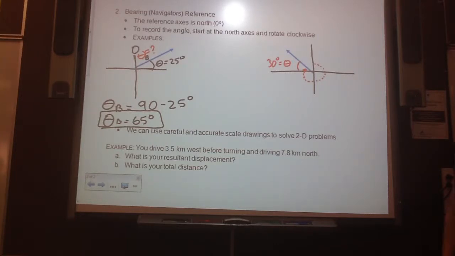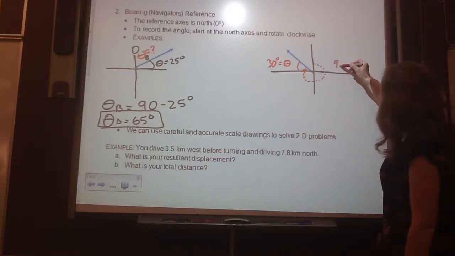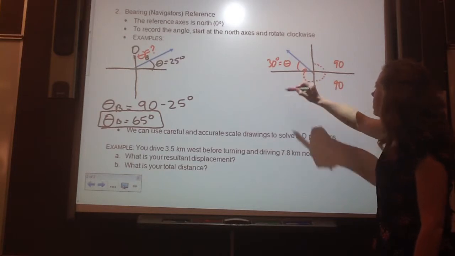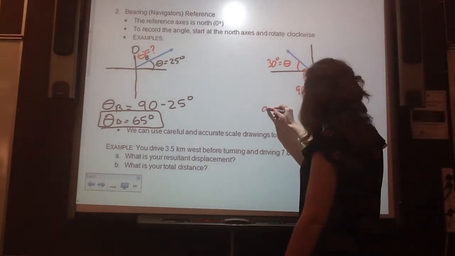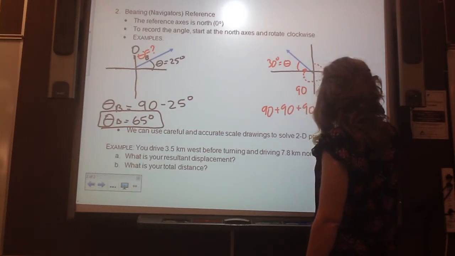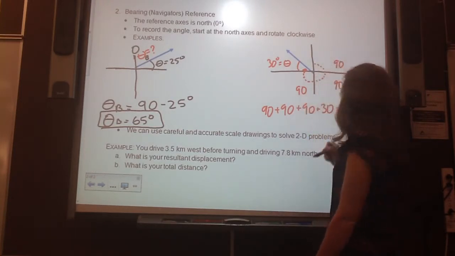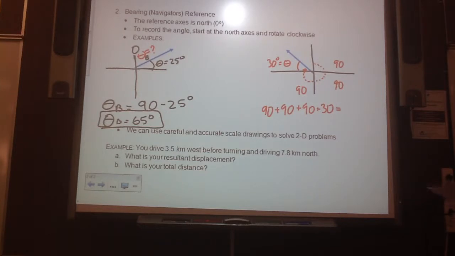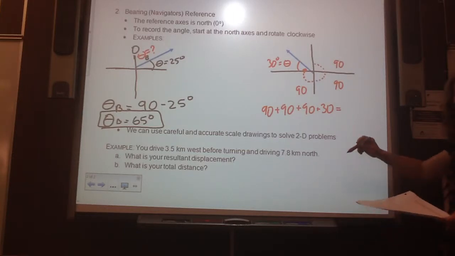So we know this is 90 plus 90 plus 90 plus 30. What is it? 300? Yeah.